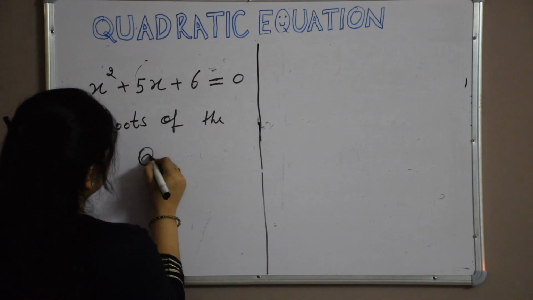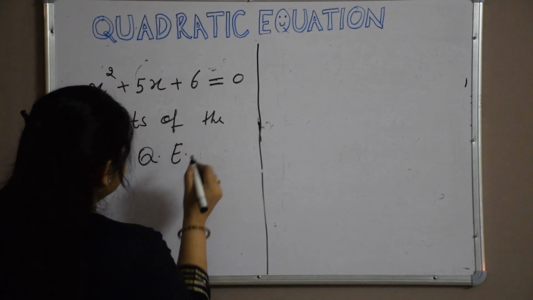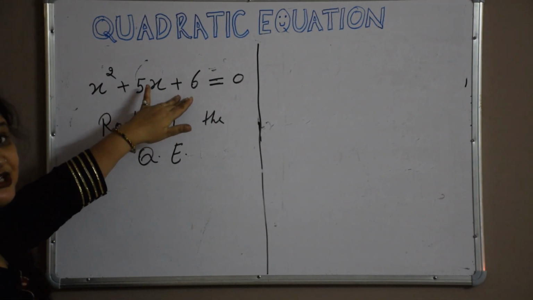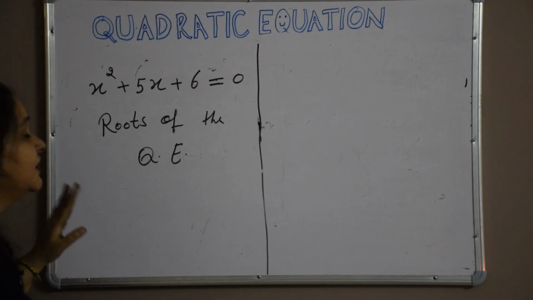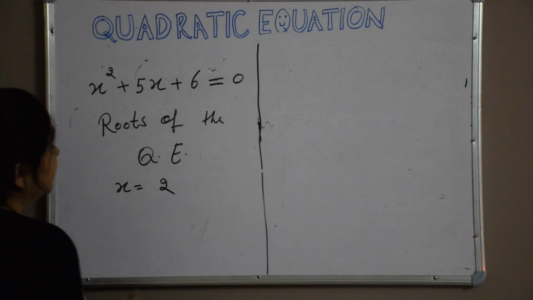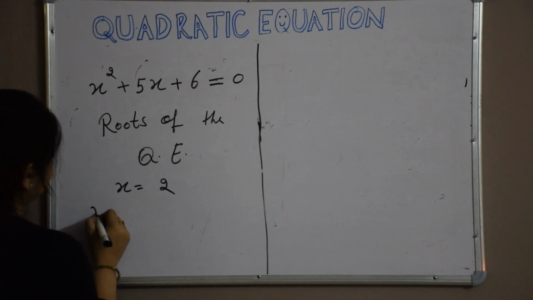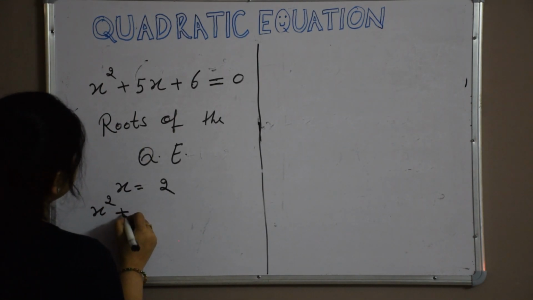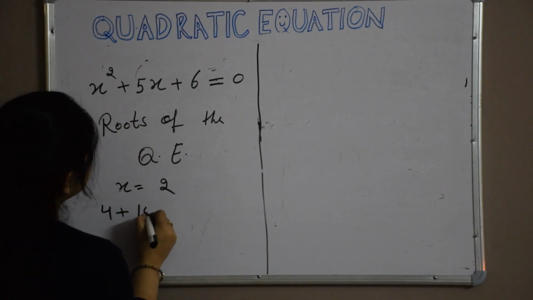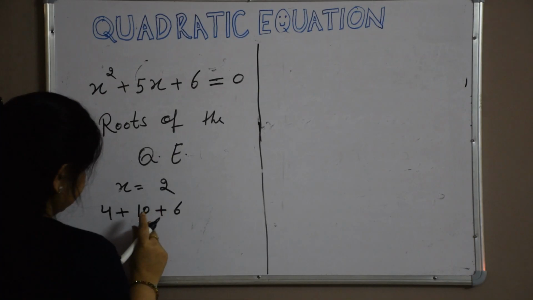Roots of the quadratic equation. Again, see, the number which makes the value of this equation equal to 0 is called the root. Suppose I am having x is equal to 2. Put in this x square plus 5x plus 6: 2 square means 4, plus 5 twos are 10, plus 6.